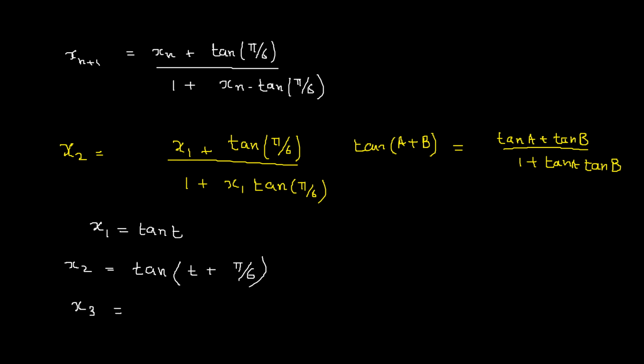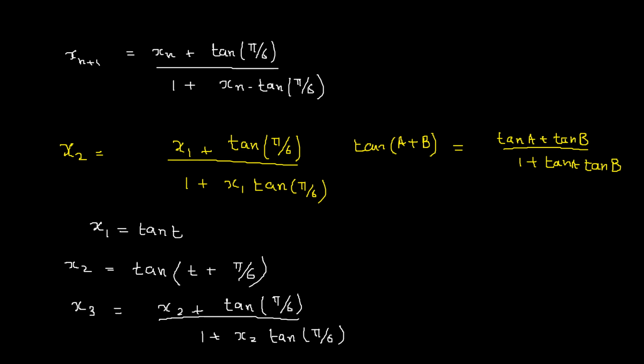So x3 is x2 plus tangent of pi by 6 over 1 plus x2 times tangent of pi by 6. If you look, this is also given in the form of the tangent function, that is tangent of t plus pi by 6, and this is another one, which is tangent of pi by 6.